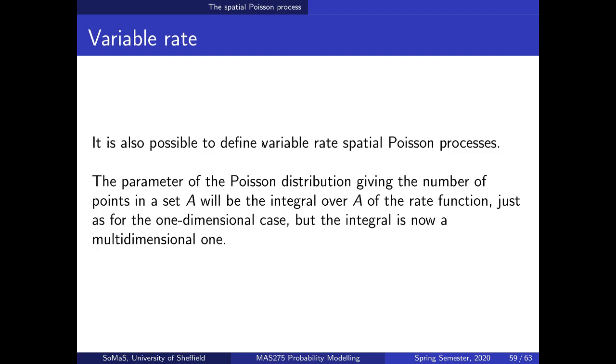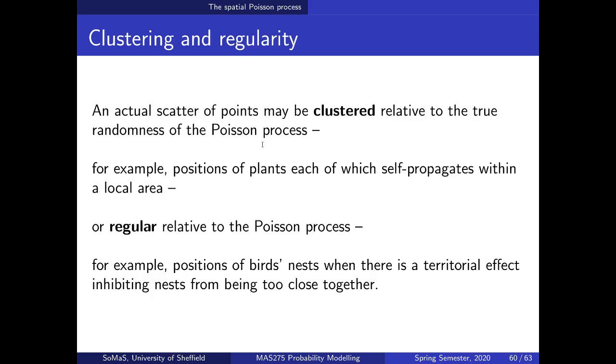So the number of points landing inside a box A is the integral of the rate inside this box A. Just as in the usual Poisson process, any mention of length was replaced by an integral. Here, any mention of area, volume, or measure is replaced by an integral, and things generalize completely fine.